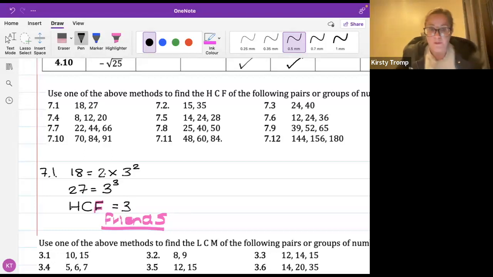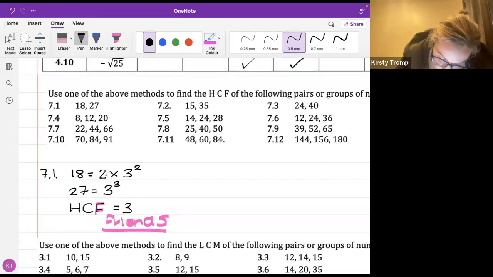That's all good. Then I've got 3 to the 2, and I've got 3 to the 3. So which one am I happier putting down? I'm happier putting the smaller power down. Why? Because I don't want to embarrass my friend. Everyone's happy like that. So we're going to put 3 to the 2. Why 3 to the 2?